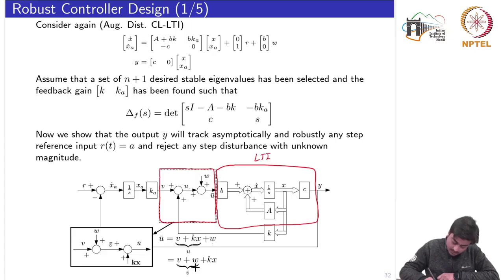This is just a simple algebraic manipulation because the output signal u bar has not changed. So this complete box I can replace by this box, where the output of this box is still u bar, which is now taking the feedback Kx. So u bar is Kx plus v bar, and v bar is nothing but v plus w. This small block I have replaced with this block.